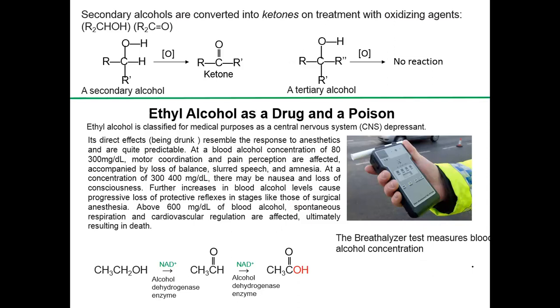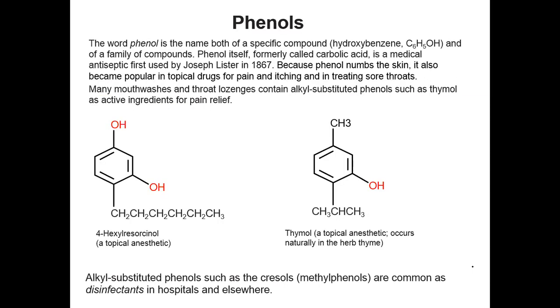It can cause death. From 80 to 300 milligram per deciliter, it can kill the pain, stuff like this, but a high amount of alcohol in blood causes death. You know what? I will stop here because maybe this is too much.